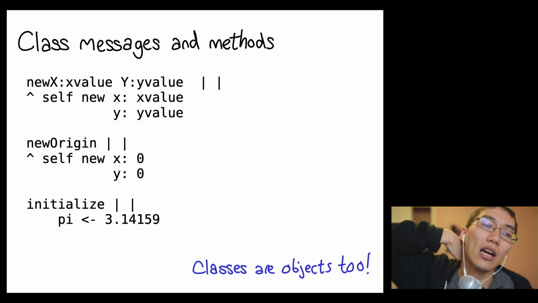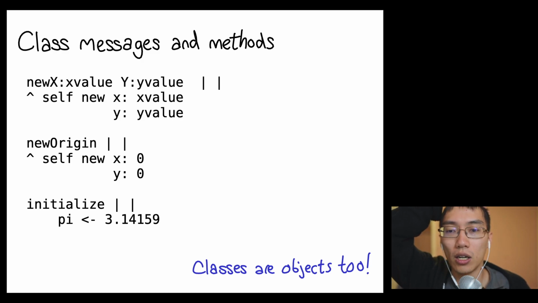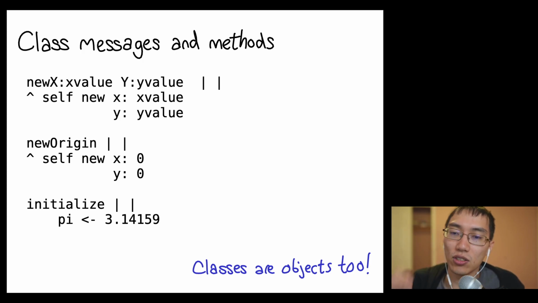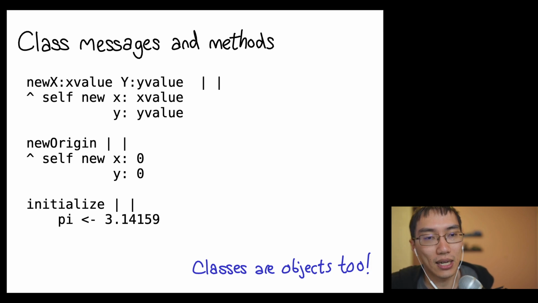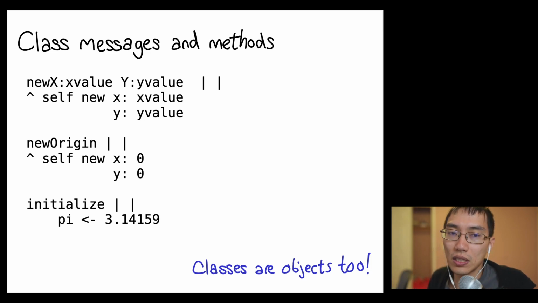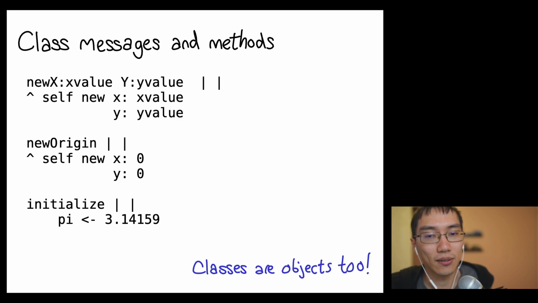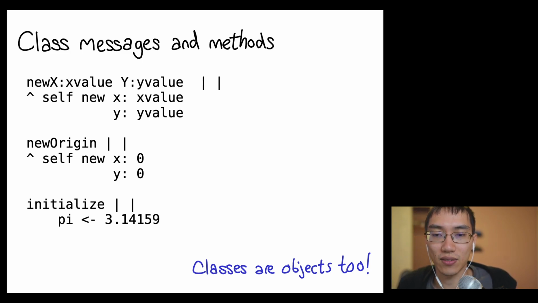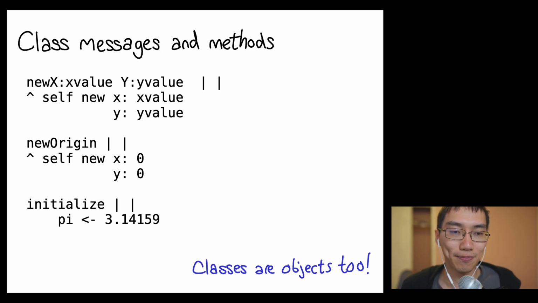It is saying, hey, call the new method on the point class object. And point isn't actually going to define new. New is going to be a concept in the object class itself. But what it's going to do is give us a new point that isn't initialized to anything. And then we're going to pass this object another selector, x colon y colon, which is going to set the x value and the y value. And then we're going to return it all, and that's the caret. So hey, you can read Smalltalk now.